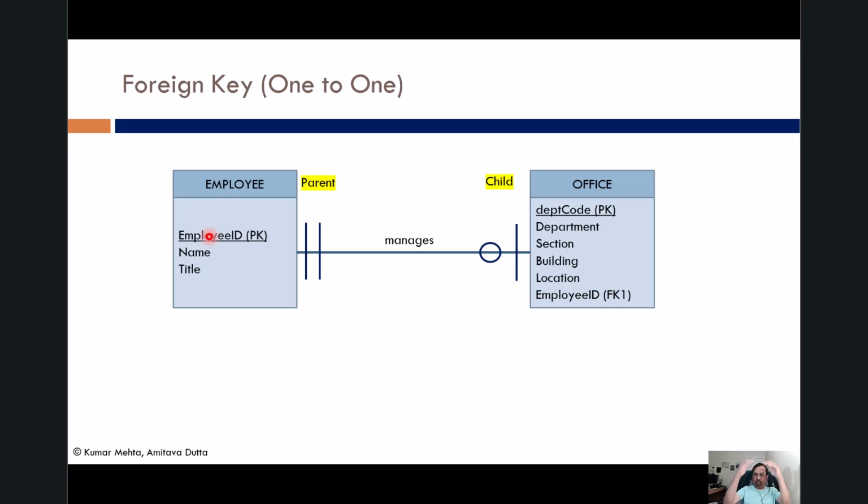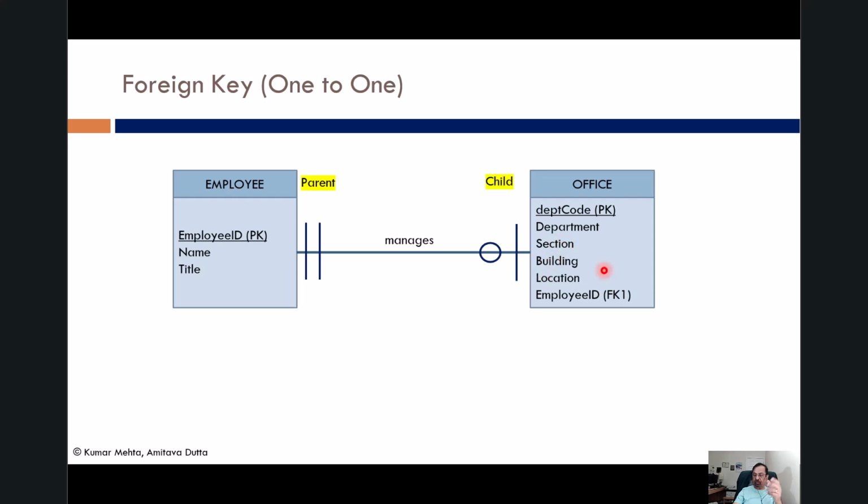That means if I think of all the employees that constitute this employee class, this entity class, then I can identify any one employee by using the employee ID number. That's the attribute that will uniquely identify any employee. Now, if I look at the entity office, it has attributes as well: department, section, building, and location.